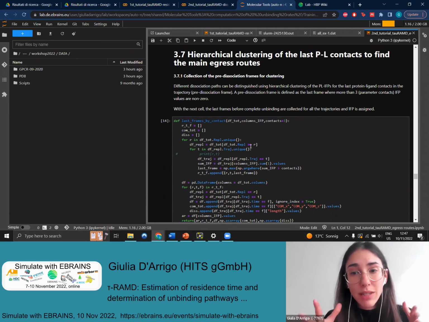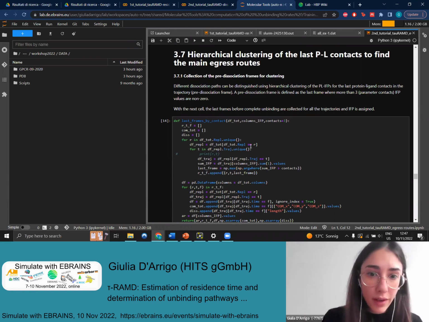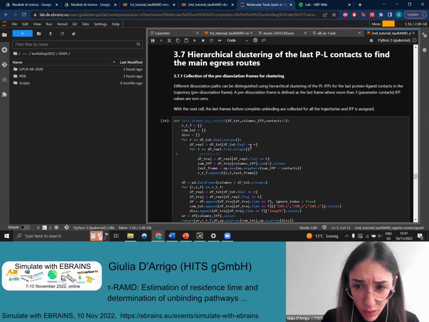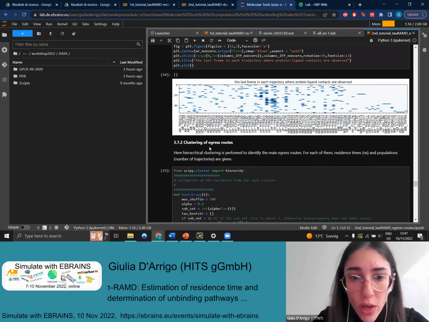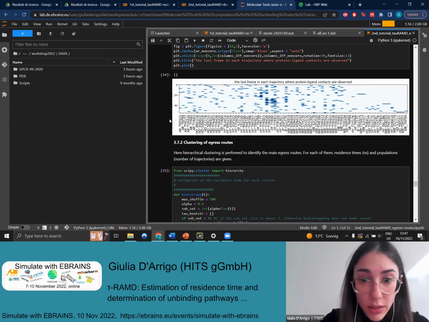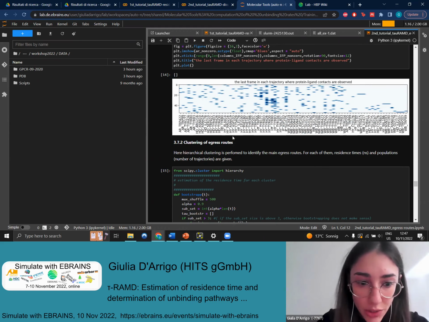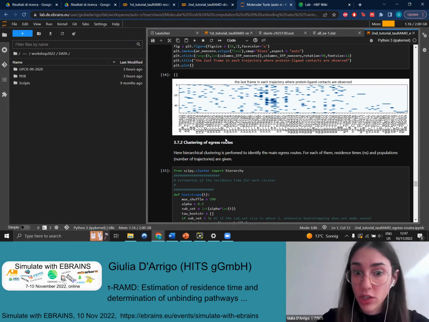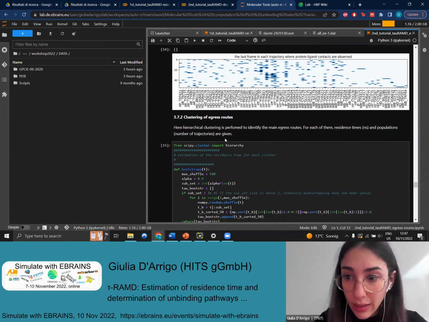The pre-dissociation frame is defined as the last frame where there are more than 3 contacts. So we collect all of them for all of our RAMD trajectories, and this is the pattern of interaction that is found in these pre-dissociation frames, and then we cluster them again through hierarchical clustering.